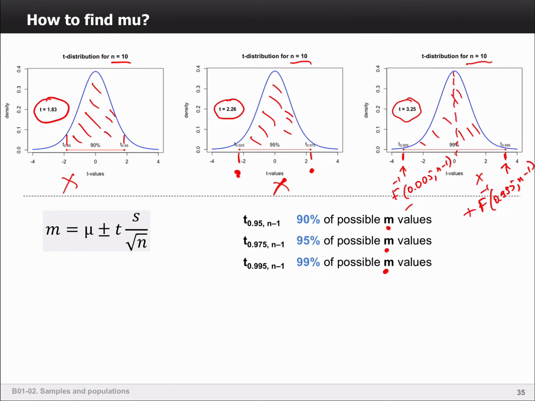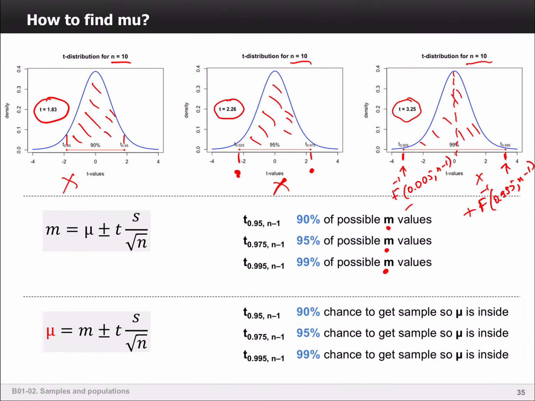Now think, you can do the opposite. So instead of taking the chance for the sample, you can take a chance for the population parameter, right? So if the sample is within this interval, it means the opposite. If you make this interval around the sample statistic, the average value for the population will be within this interval, okay? So you can think that if you use this t-value, you have a 90% chance to get a sample such that if you make an interval around the statistic of your sample, the true population parameter will be inside.